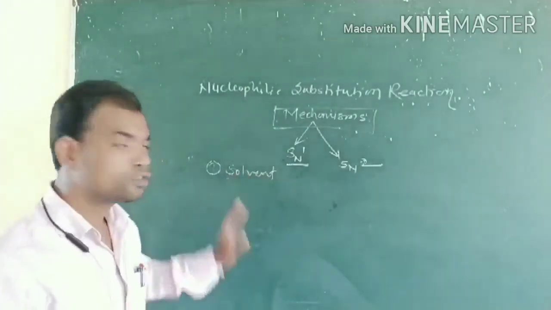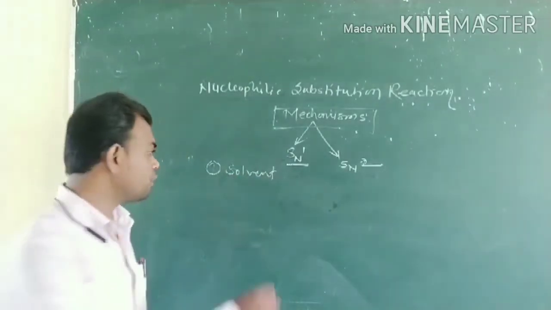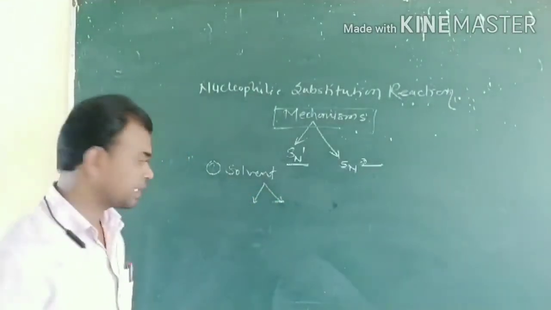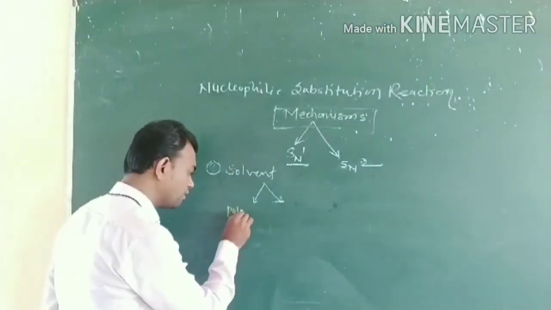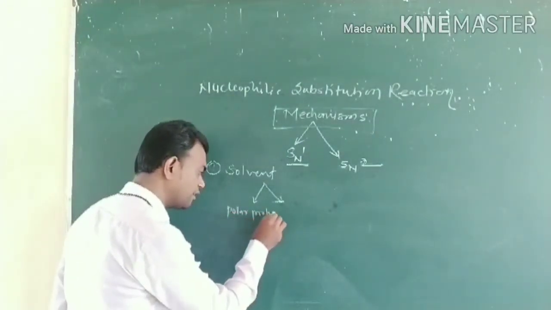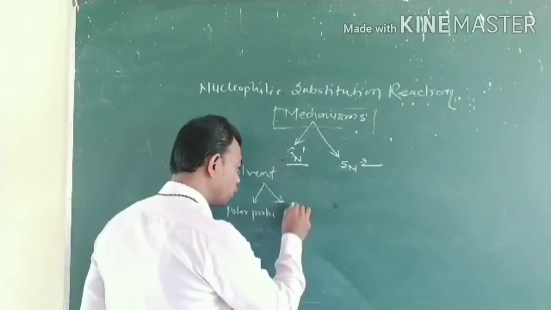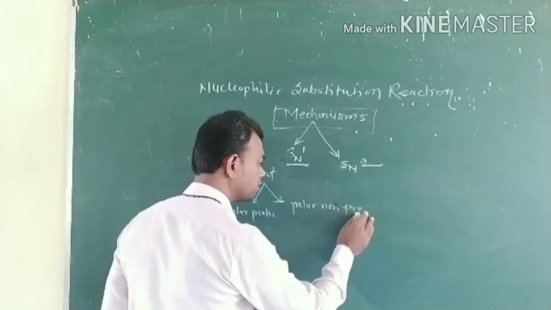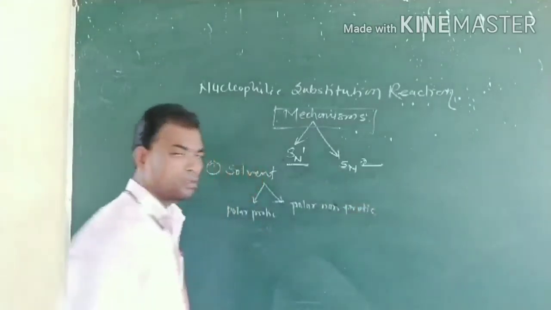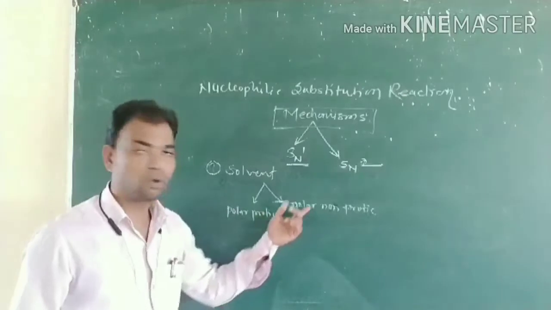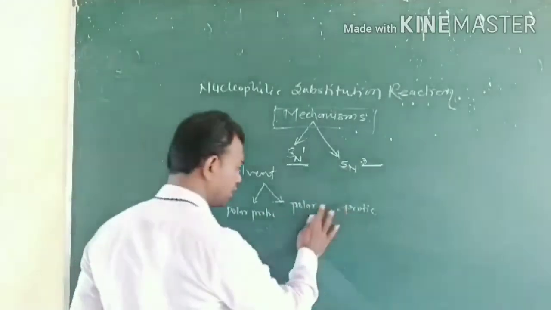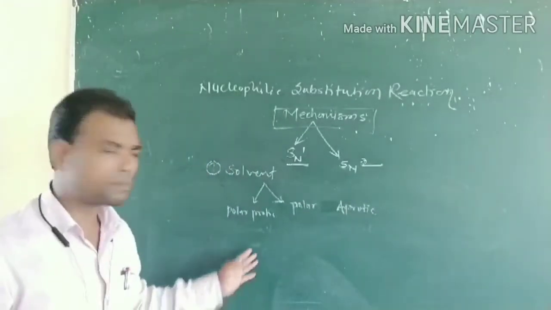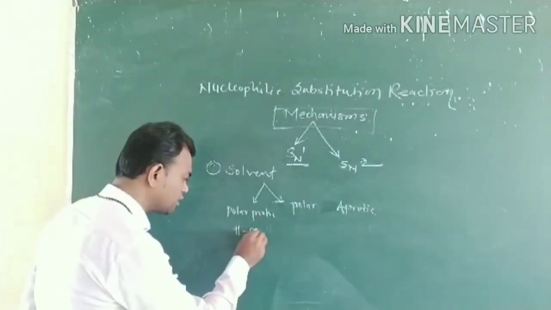Then solvent. There are two types of solvent involved in SN1 and SN2 reaction mechanisms: polar protic solvent and polar aprotic solvent. Which are the polar protic solvents?